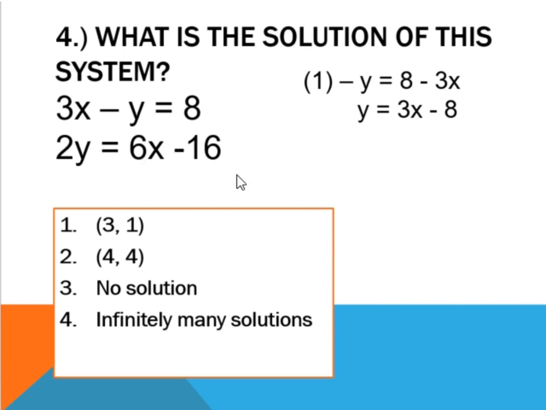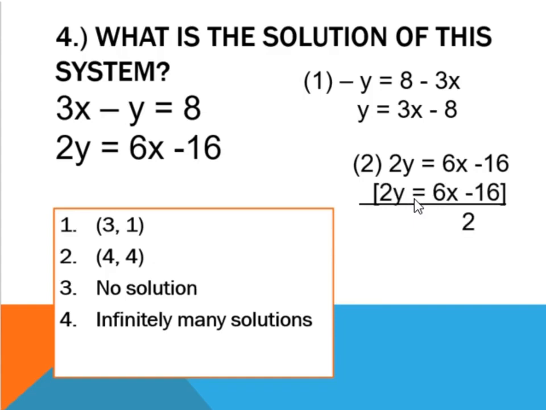Para naman sa equation 2, this is 2y is equal to 6x minus 16. May coefficient yung y na 2. So, i-divide natin yung buong equation by 2. What will happen is 2y is equal to 6x minus 16 divided by 2, yung buong equation.